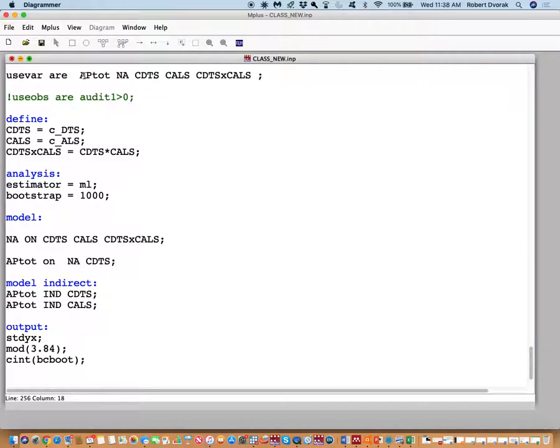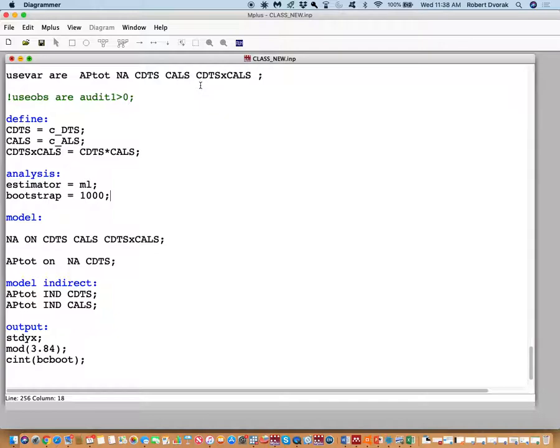Okay, so look up here at UseVars. What do you have in UseVars? Does it look like that? What do you have in UseVars that's different? I had drinks in there. Oh, yeah, so I plucked drinks out, right? I missed that piece. Gotcha.